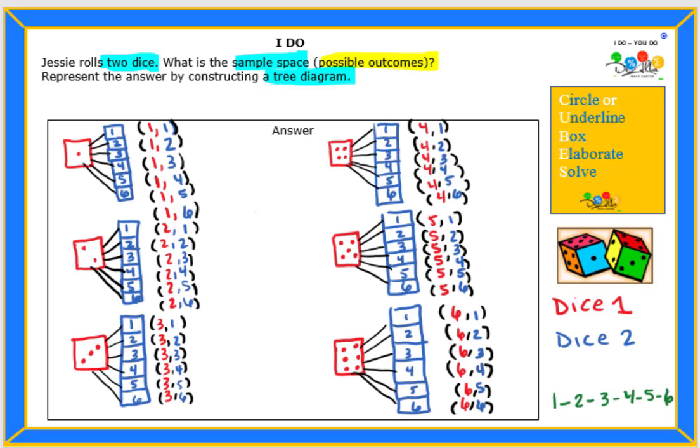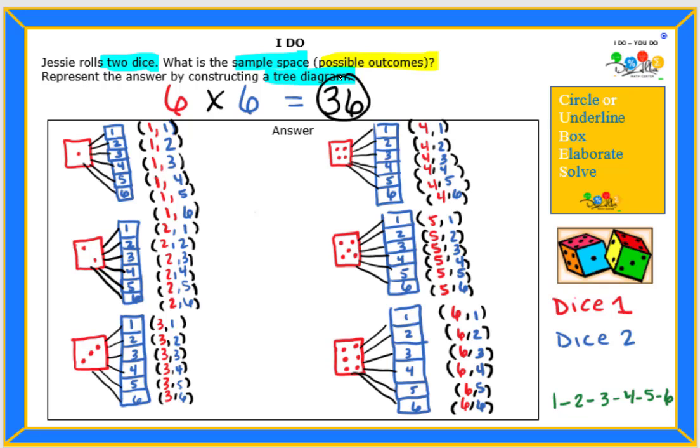So for my first dice, I have 6 possibilities, 1 through 6. And you can multiply that by the possibilities of your second event, which for the blue dice also have the numbers 1 through 6. So there are 6 possibilities. And 6 times 6 will yield 36. So there should be 36 possible outcomes.